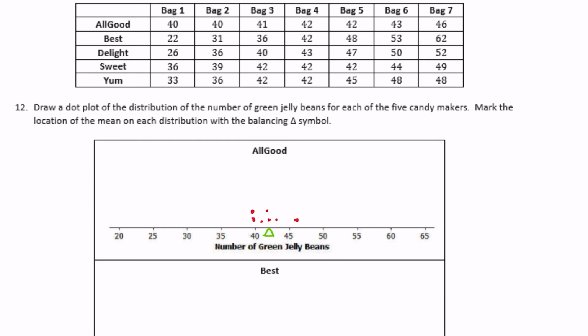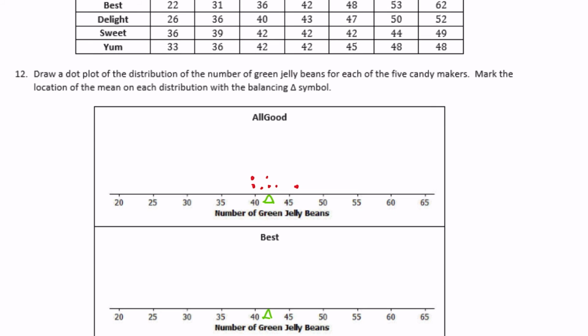Okay, Best. We have 22, 31, 36, 42, 48, 53, and 62.